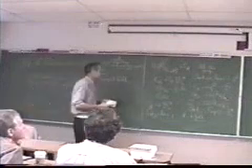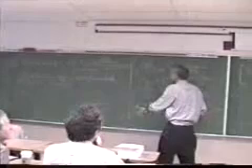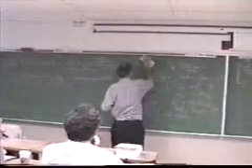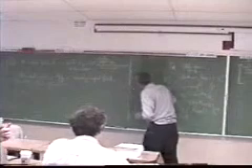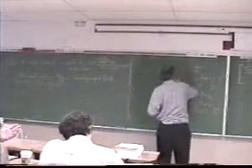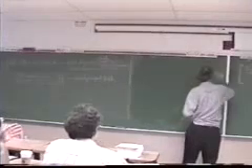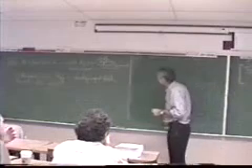So let's erase this, and let's look at global fields. When you want to understand global fields, of course, the first thing that you need to understand are local fields.